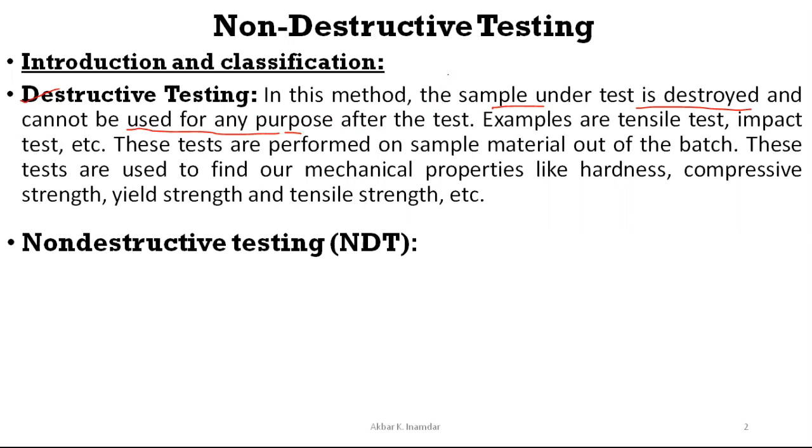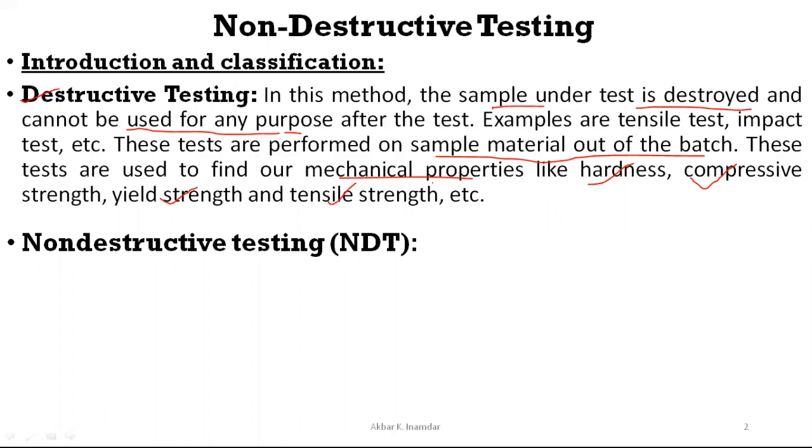This type of testing can be used to know mechanical properties like hardness, compressibility, tensile strength, and yield. Because the sample is destroyed, this type of testing cannot be used for entire batch fabrication. One or two samples are taken out and tested to know these properties.